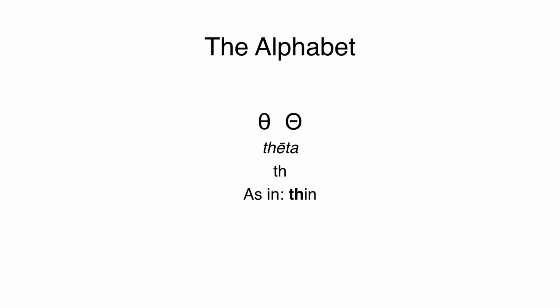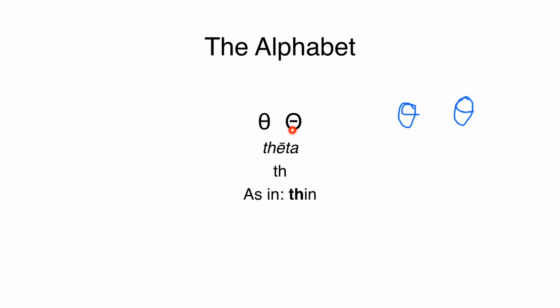Next we have theta or theta. This is written kind of like an O shape with a belt. It's usually kind of a rounded belt like that, but some fonts will just have a straight line across. The uppercase version is quite similar.